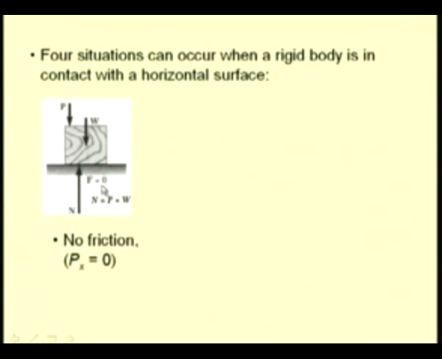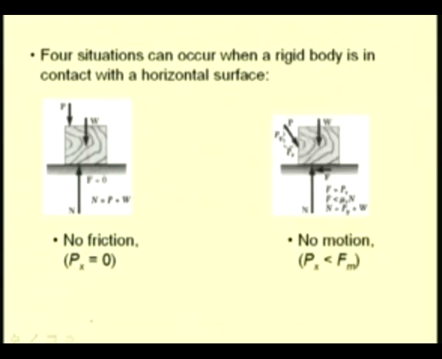We have initially no horizontal component of the force leading to any tendency of this body to move, and so there is no friction. Let us say now we have a horizontal component of the force which is Px, which is smaller than the limiting value, which is mu s times N. So, the frictional force F developed is equal and opposite to this force Px.